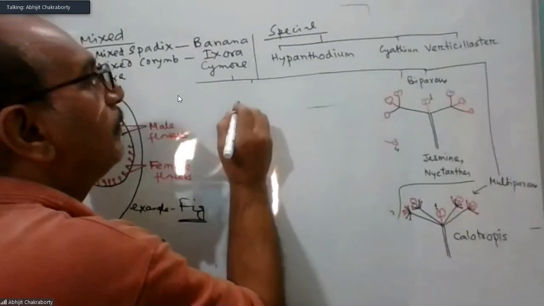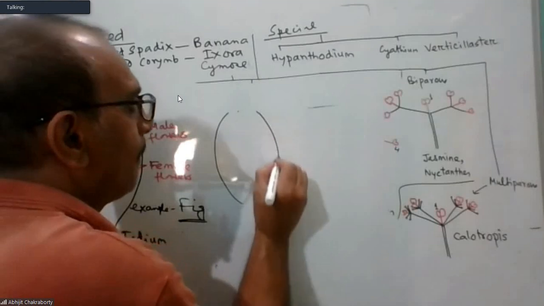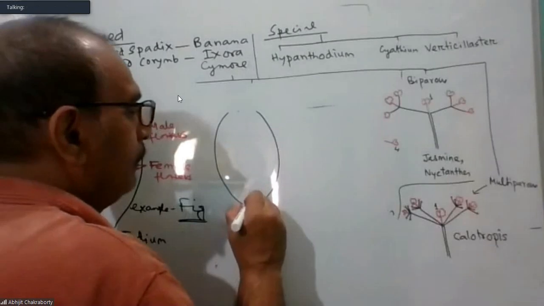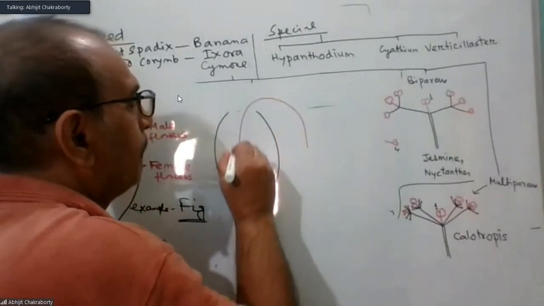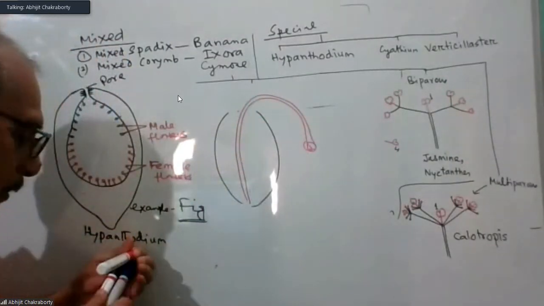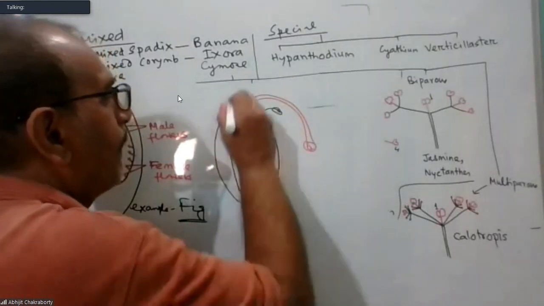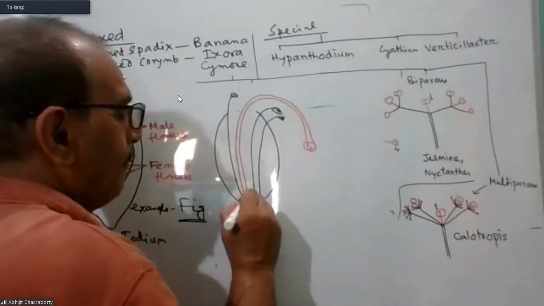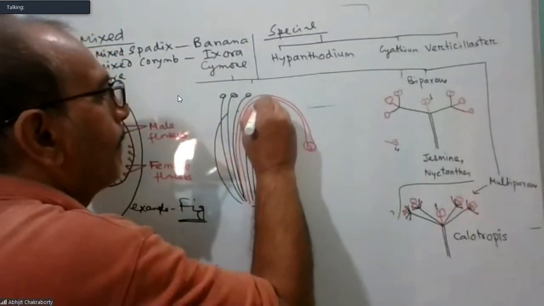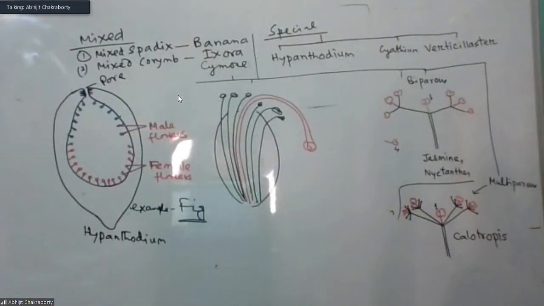Now, in case of Cyathium, you see there is a long female flower and it is surrounded by a number of male flowers, then you can call it Cyathium.